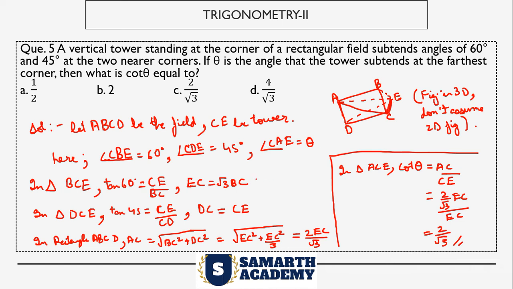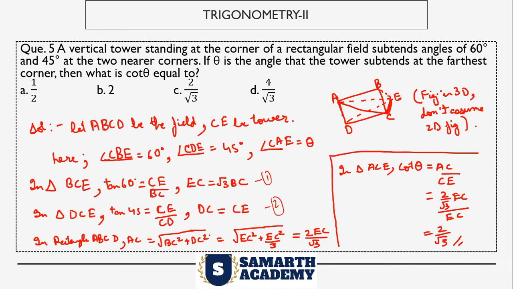So this is equation 1, this is equation 2, based on the two angles that are given, right? Now in triangle ACE, cot theta is equal to AC upon EC, right? Base upon perpendicular, which is equal to AC upon CE.